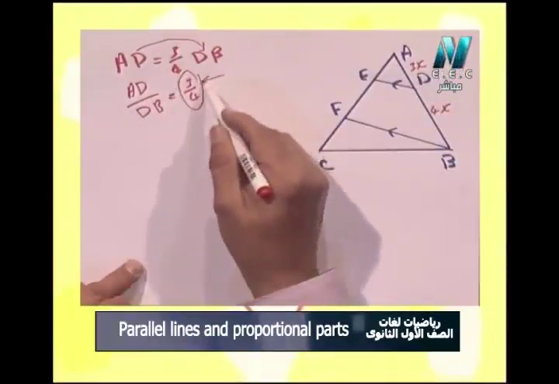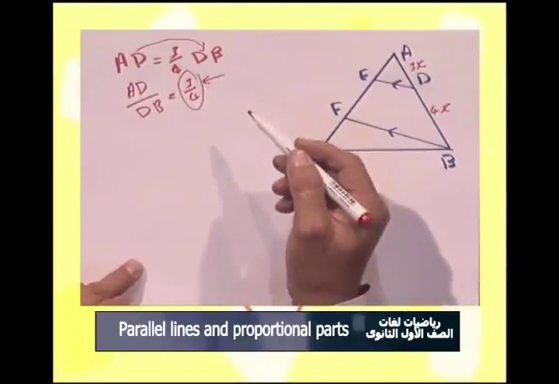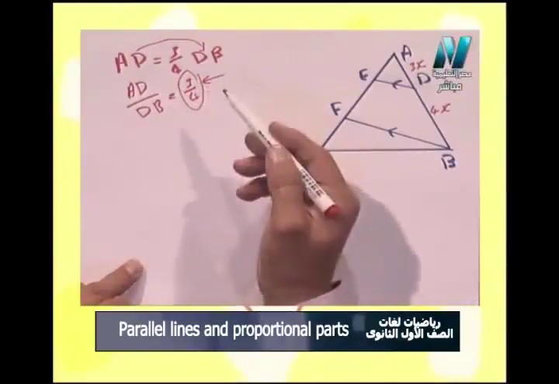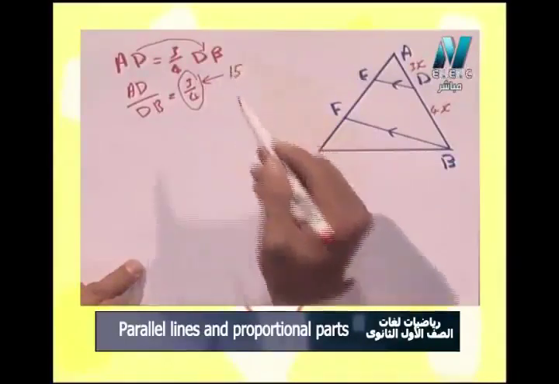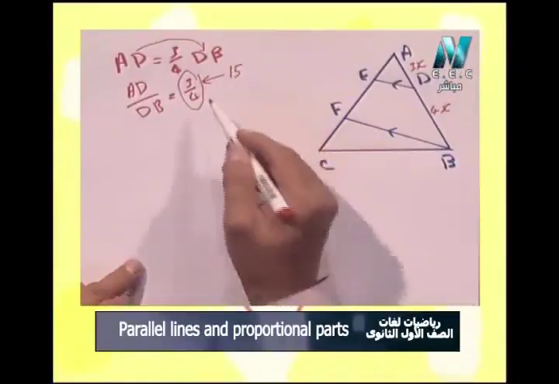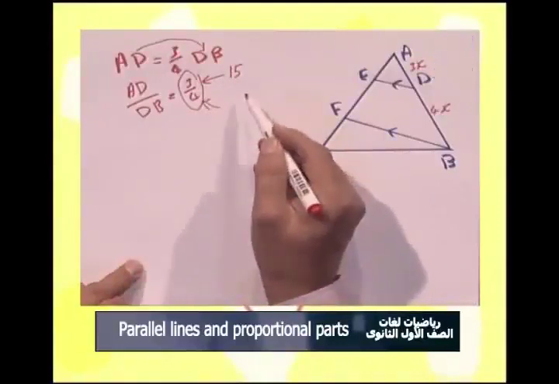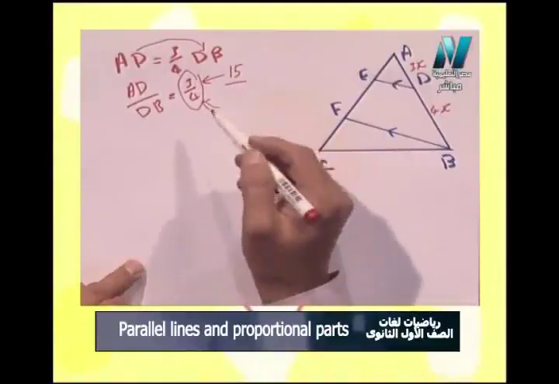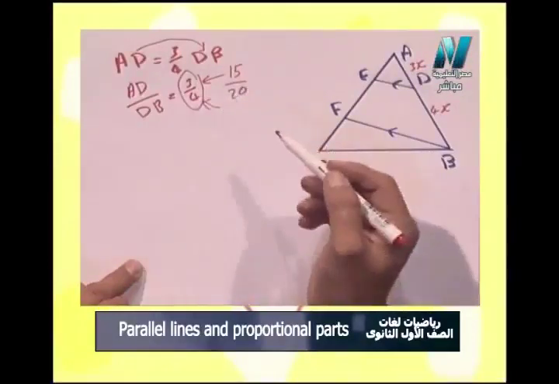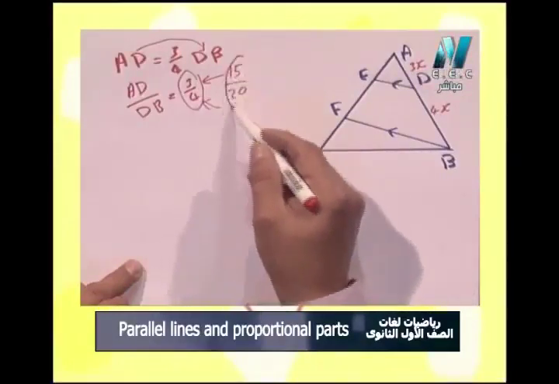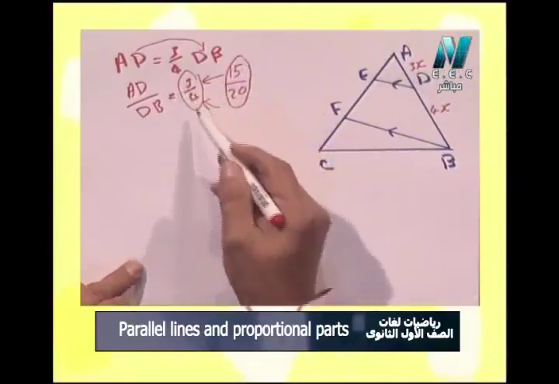But AD may be a number multiplied by 3, as 3 times 5 is 15, and 4 times 5 is 20, and when we simplify, this ratio will be 3 over 4.